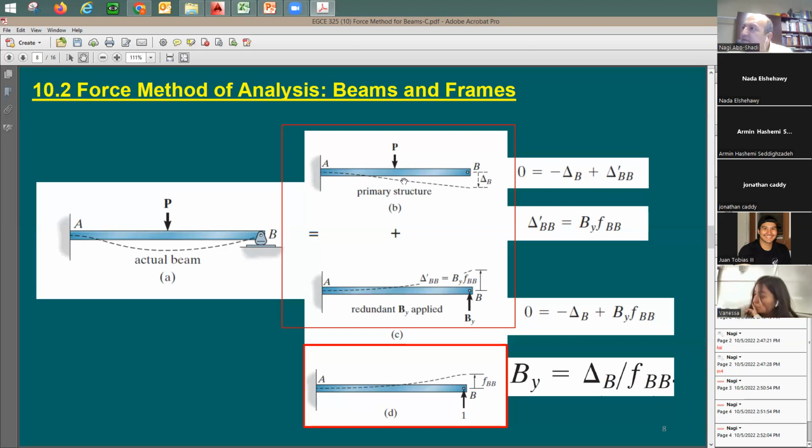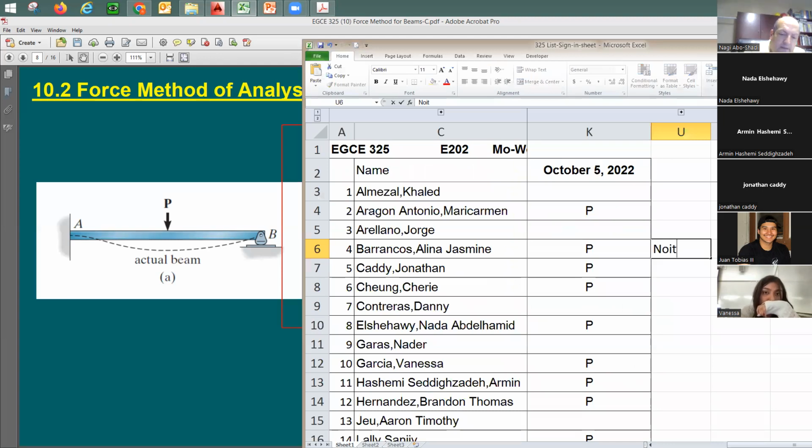Now, is this a determinate beam or an indeterminate beam? Alina? Are you there? Yes. Okay, good.